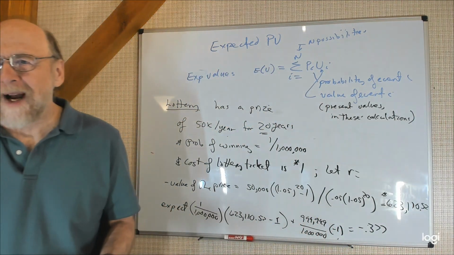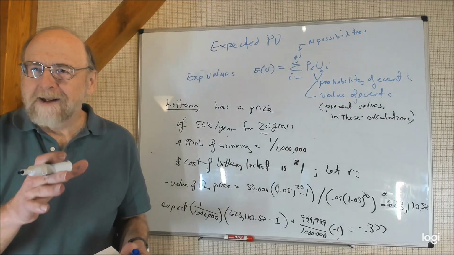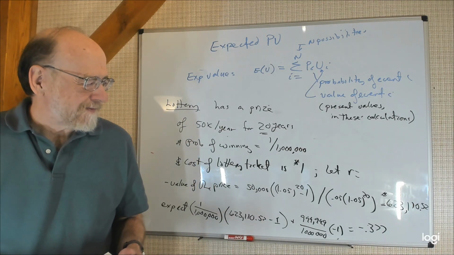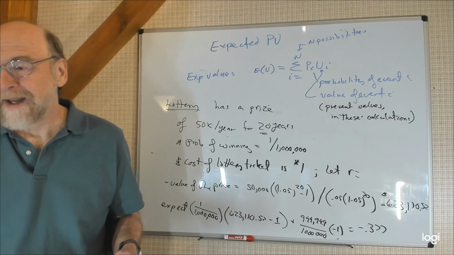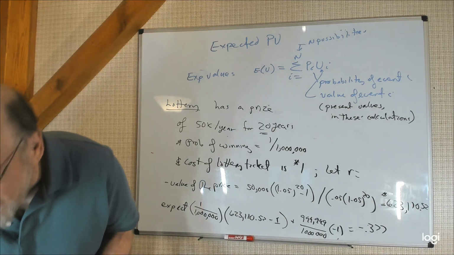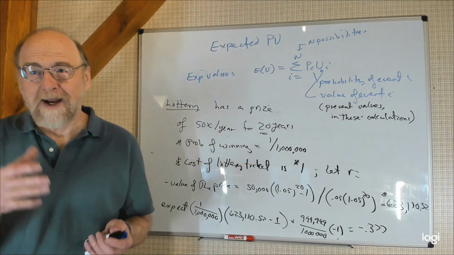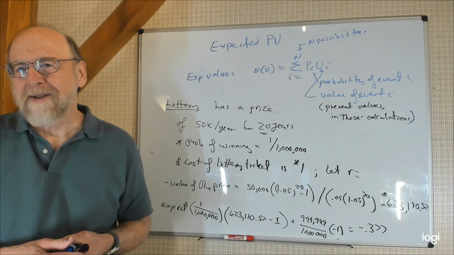The present value of the whole bet, counting the cost of the ticket, is less than zero. It's basically a negative 38 cents. And that's because the present value of the prize is less than the cost of the ticket, right? The present value of the prize is basically 62 cents.